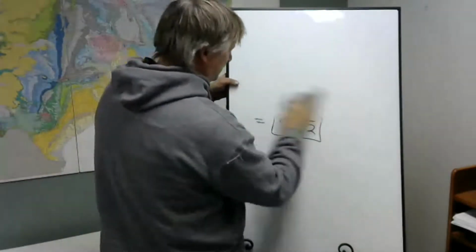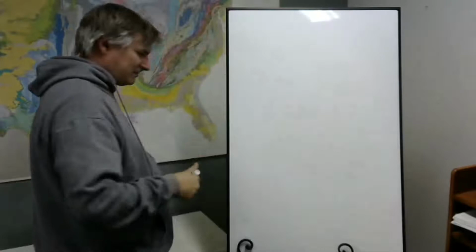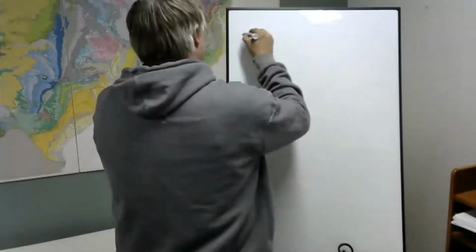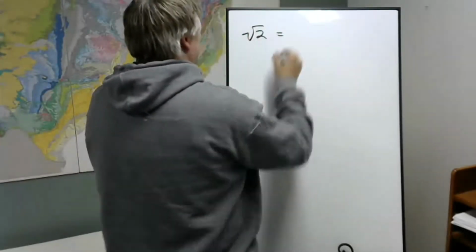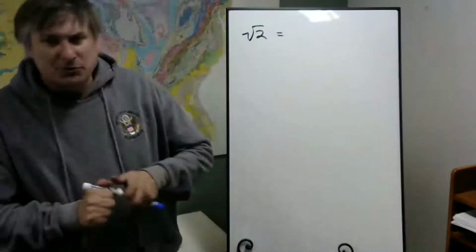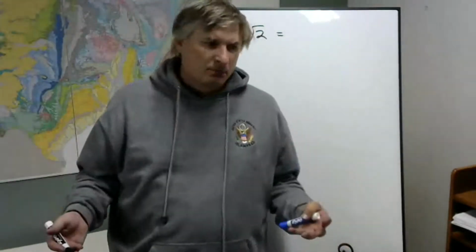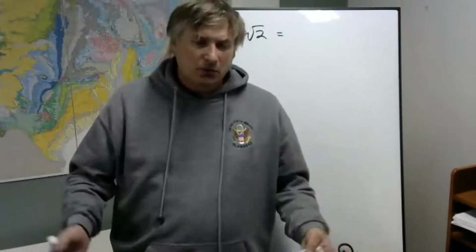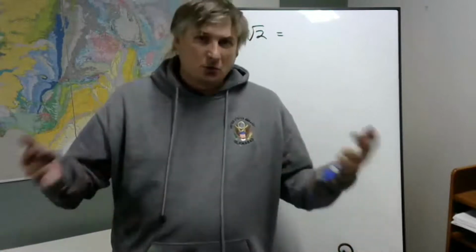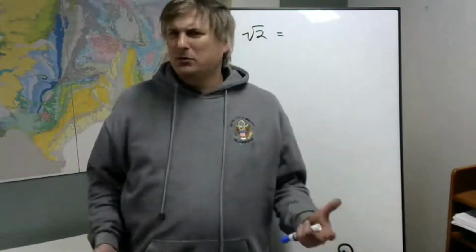What is the square root of 2? So we know the square root of 1 is 1. We know the square root of 4 is 2, because 2 times 2 is 4, and because 1 times 1 is 1. Well, what about the square root of 2?